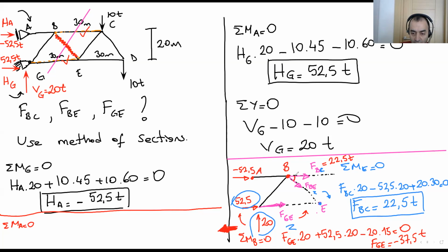Here is the alpha we have. Let's write the equation here. MA. We have this bottom part.